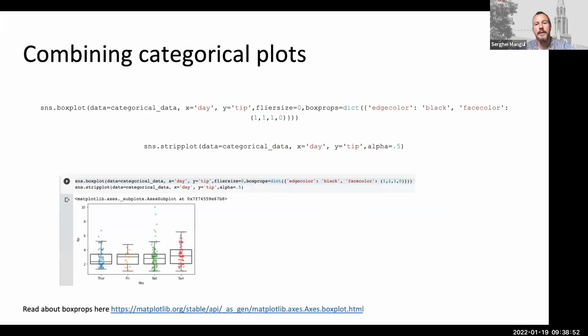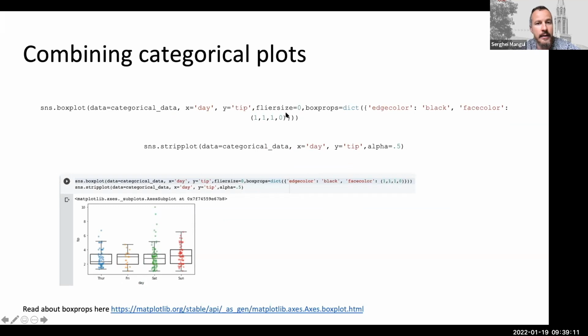We can do exactly the same thing for the box plot with only one difference. If you look at those two commands, the second command, the strip plot, is exactly the same.